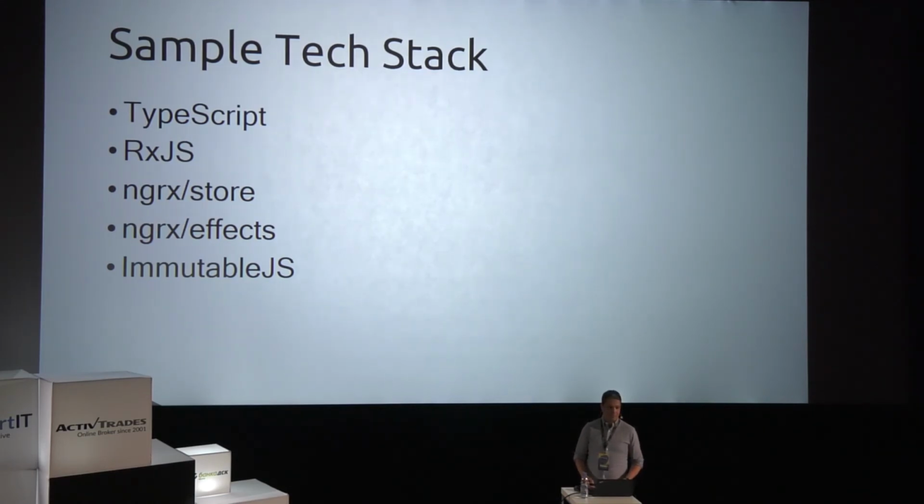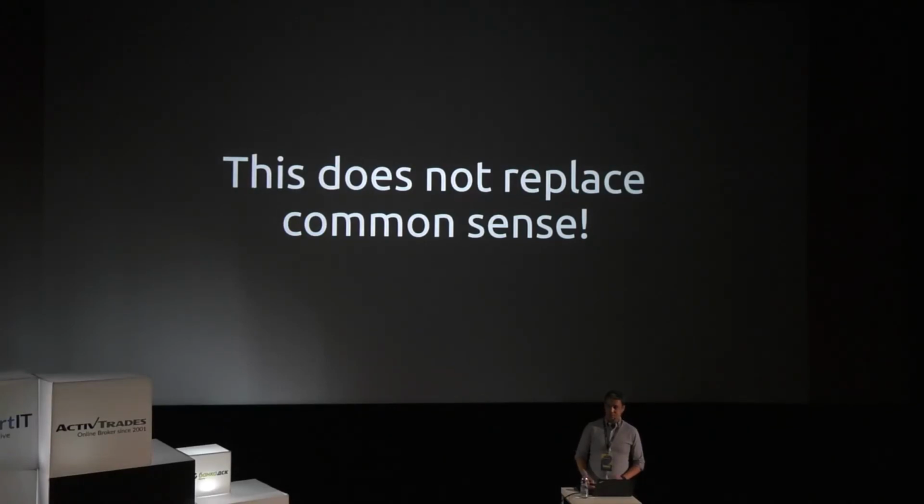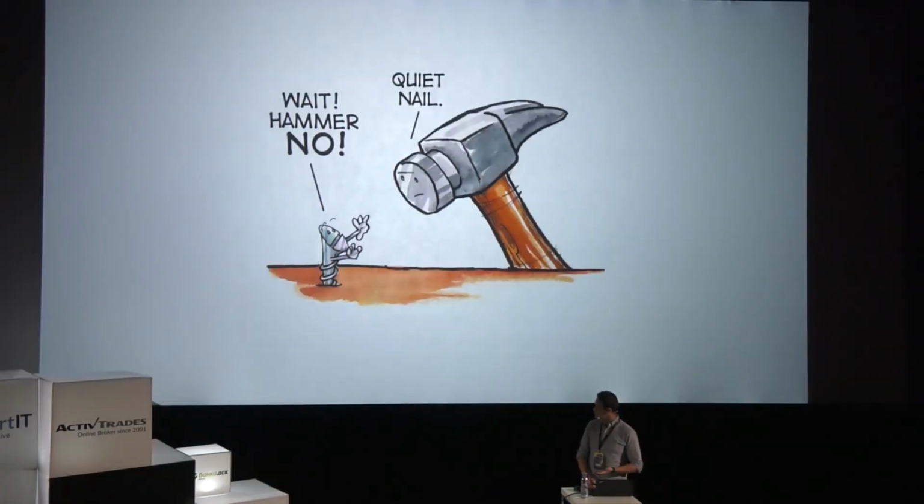And one final thing, everything that we talked about so far does not replace common sense. We might not need Redux, we might not need immutable objects, and we might not need change detection on push. So it always depends on the business case that we have. It always depends on what we want to build, how long it's going to live, and what the purpose of it is.